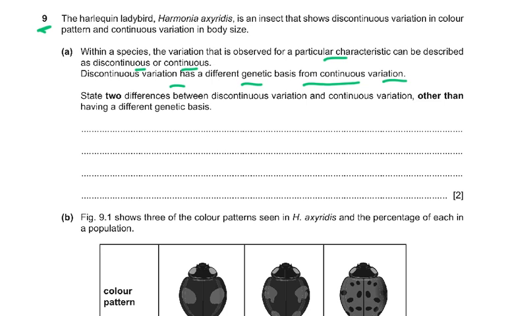Not a normal distribution, will only be a few bars on the bar chart, and no effect from the environment. Continuous variation has no distinct categories, there are many intermediates, and you get a normal bell-shaped curve and a large effect from the environment. So continuous and discontinuous variation could have given me a whole lot of points, and we could have got away with the 2 marks.